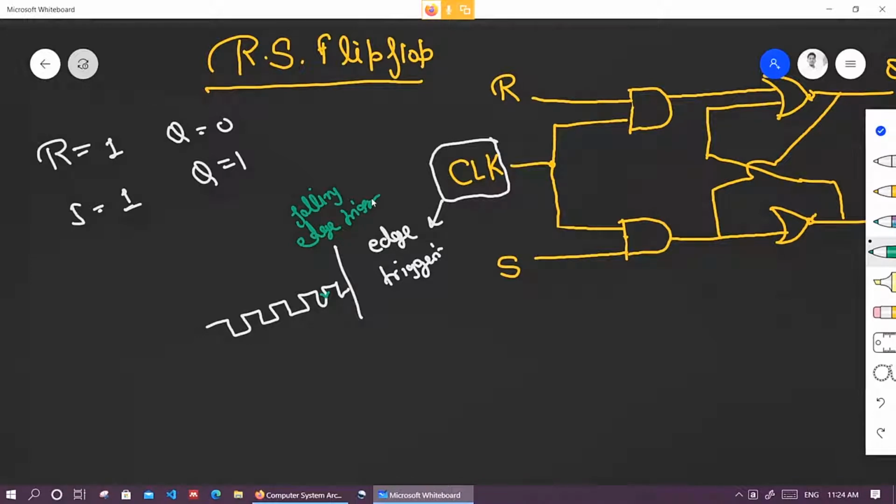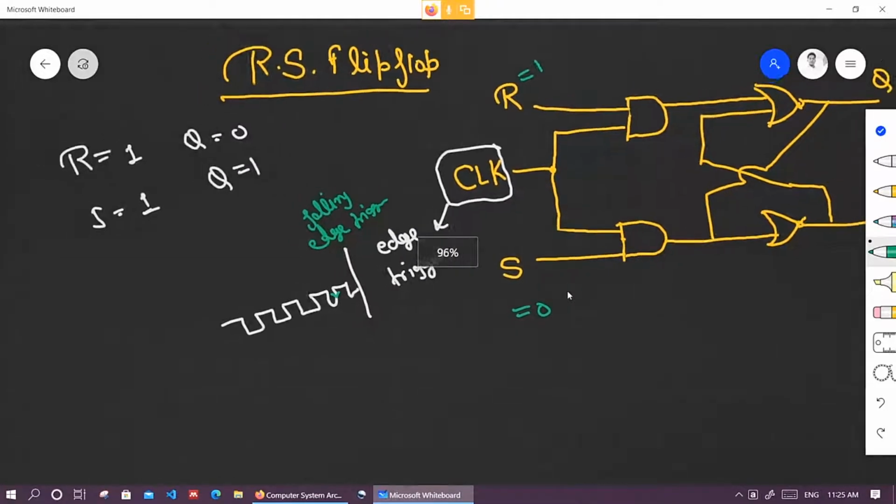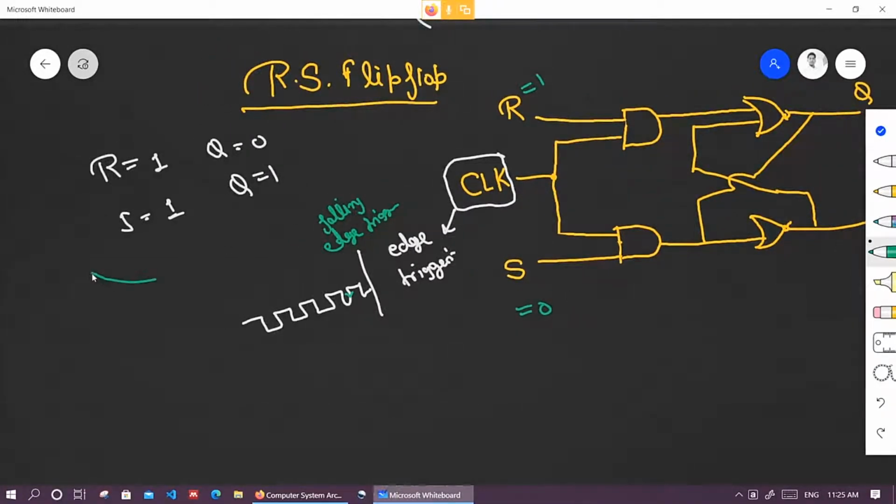That means suppose we have supplied R equals 1 and S equals 0. That means for this our output should be Q equals 0. But until this particular signal passes through the clock, there will be no change.